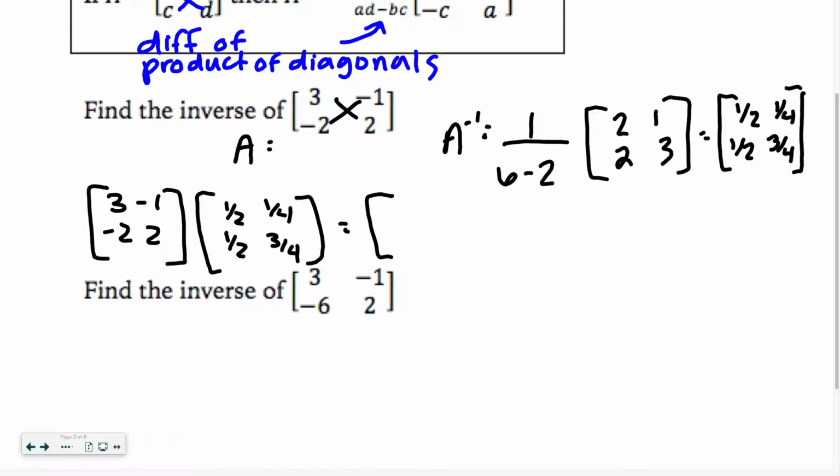For my first entry, take my first row, 3, -1, and multiply it by 1/2 and 1/2. That would be 3/2 minus 1/2, which is 2/2 or 1. Then I take that first row, 3, -1, and multiply by 1/4 and 3/4. So 3 times 1/4 is 3/4, and -1 times 3/4 is -3/4, which is 0.